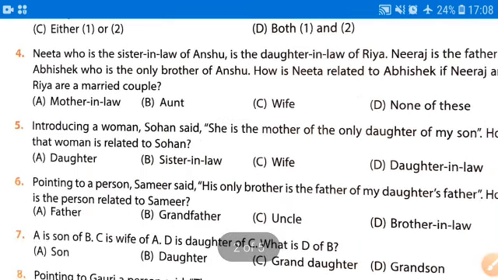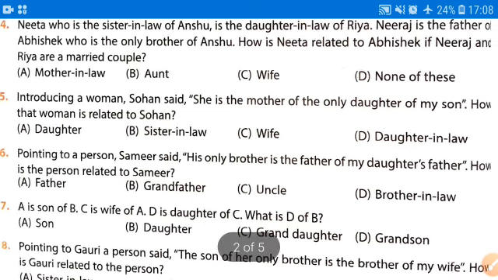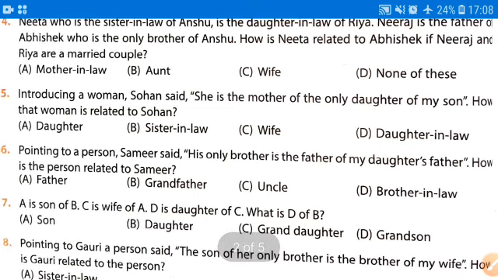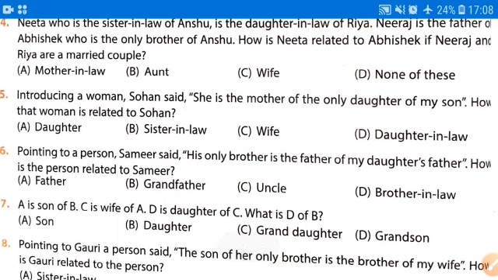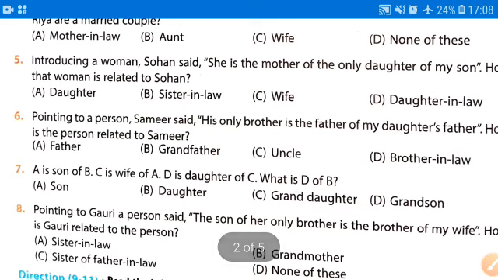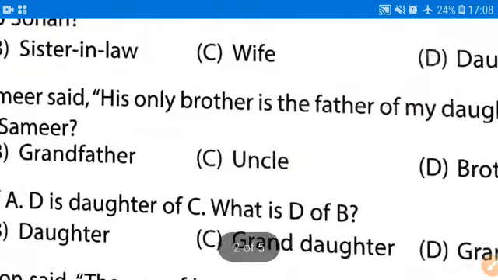Now coming to the next question, that is question number 5. A woman, Sohan said, she is the mother of the only daughter of my son. How is that woman related to Sohan? Try to solve this here.